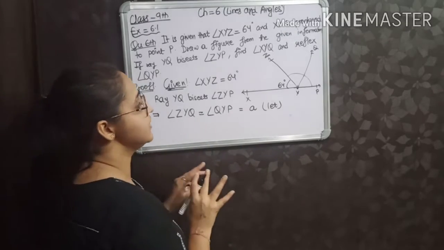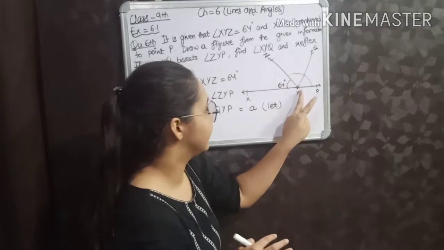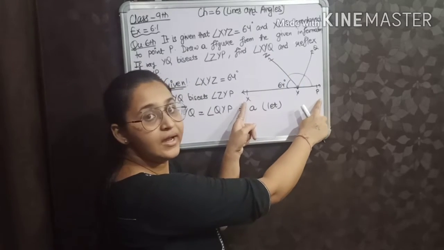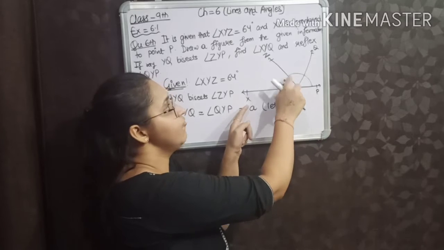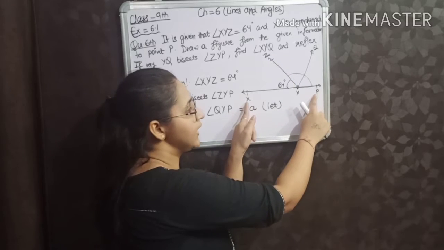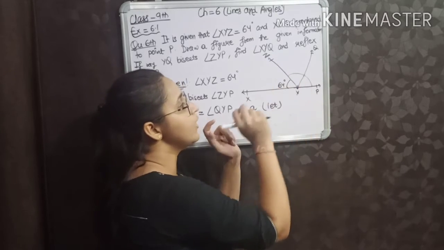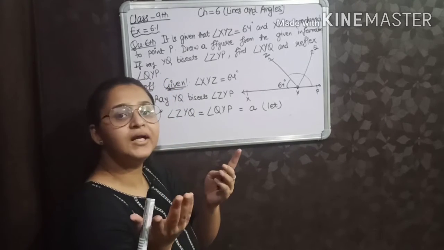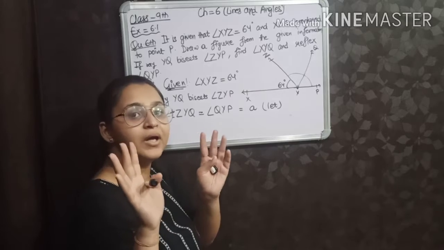Now you see ray YZ. Ray YZ stands on a line XP, and these are two adjacent angles. So the sum of these two adjacent angles is 180 degree by linear pair axiom.